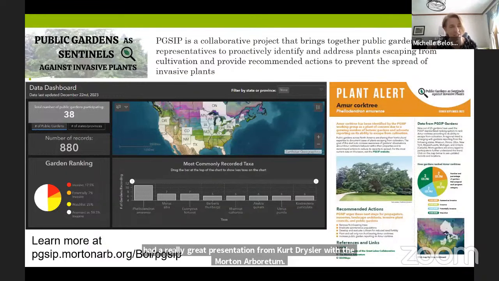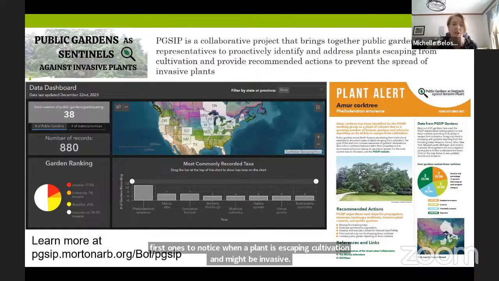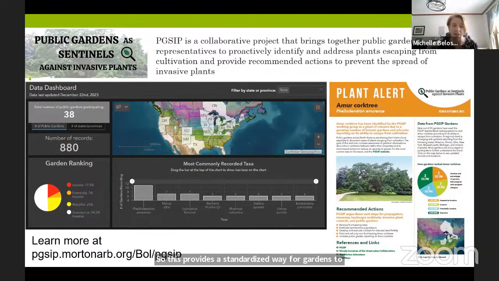But in case you missed his presentation, this is a really innovative and interesting collaborative project where public garden and arboretum staff contribute information that they have because they have these collections of plants from around the world that they monitor really closely, and they are often the first ones to notice when a plant is escaping cultivation and might be invasive. So this provides a standardized way for gardens to record those observations and share them.